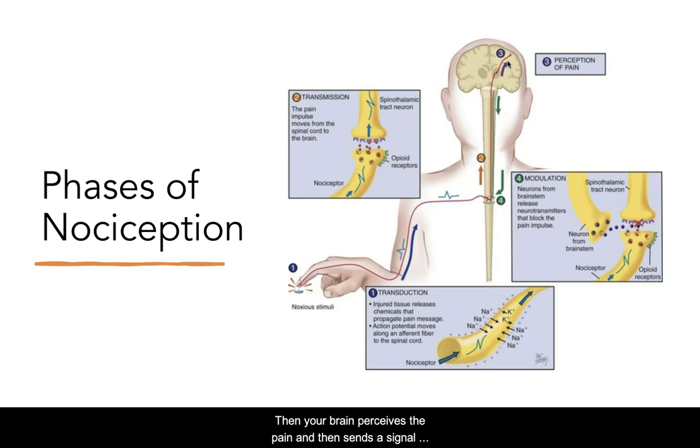Then your brain perceives the pain and then sends a signal down the descending pathway. So basically, the perception phase is where the brain perceives the pain.